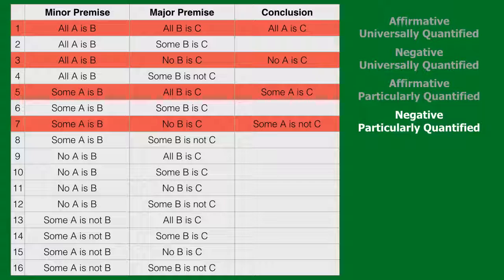And so you have a conclusion of every kind. You have negative conclusions, and you have affirmative conclusions. For the negative conclusions, you have a universally quantified negative conclusion and a particularly quantified negative conclusion. And for the affirmative conclusions, you have a universally quantified affirmative conclusion and a particularly quantified affirmative conclusion.